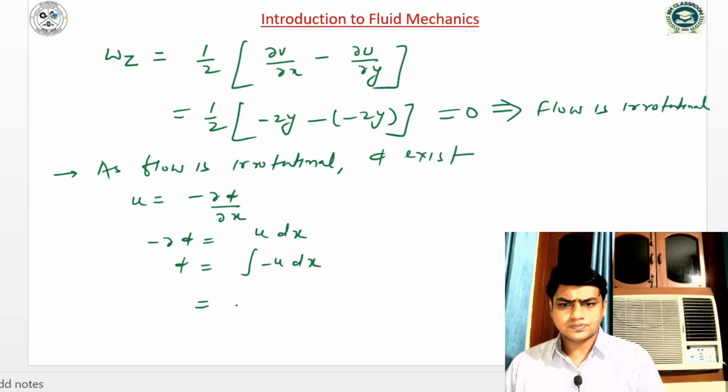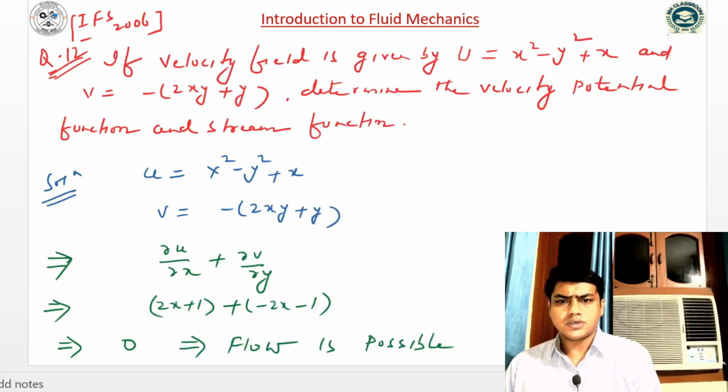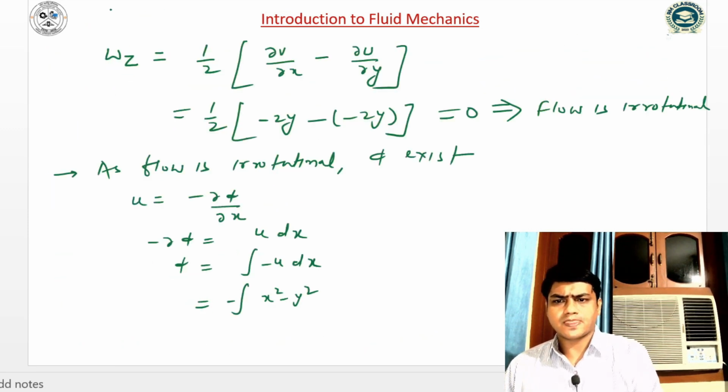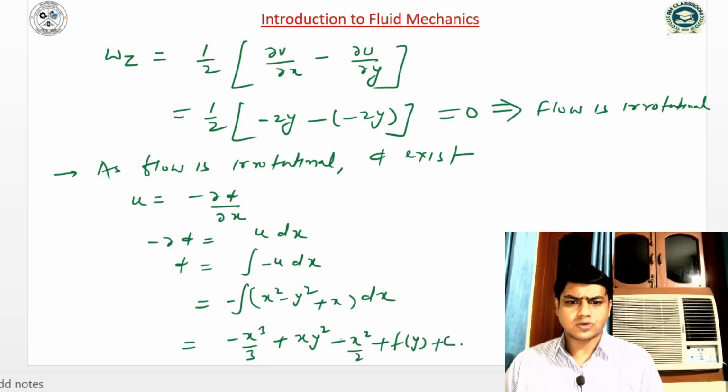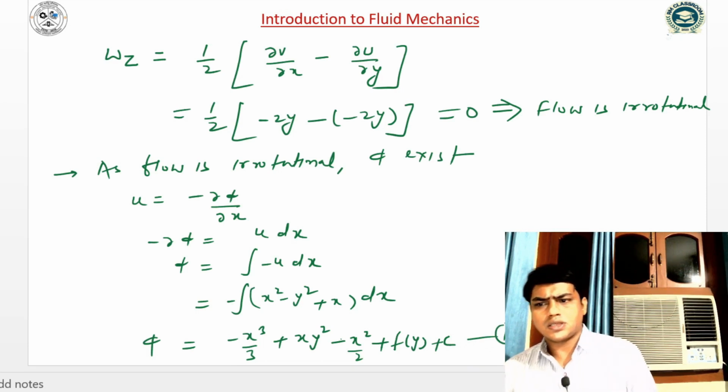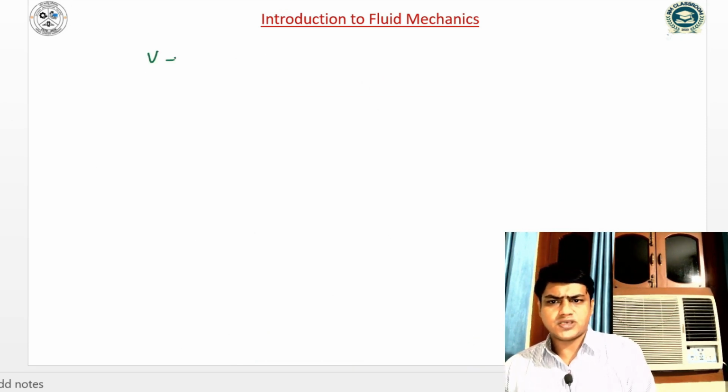So minus the integral of x square minus y square plus x into dx gives minus x cube by 3 plus xy square minus x square by 2 plus f of y plus some constant is equal to phi. Let us assume this is equation number 1. We can also write v is equal to minus del phi by del y.